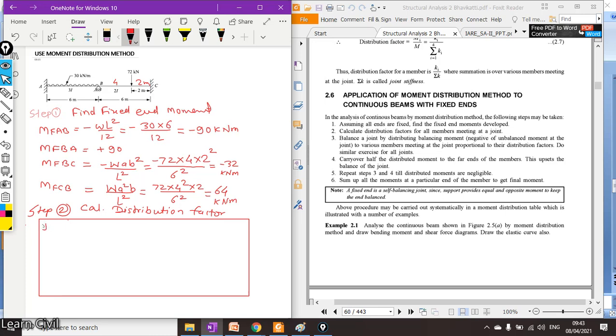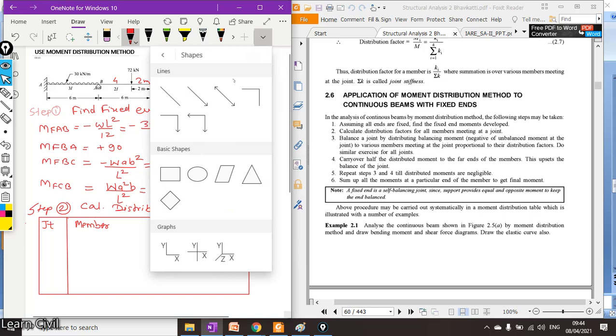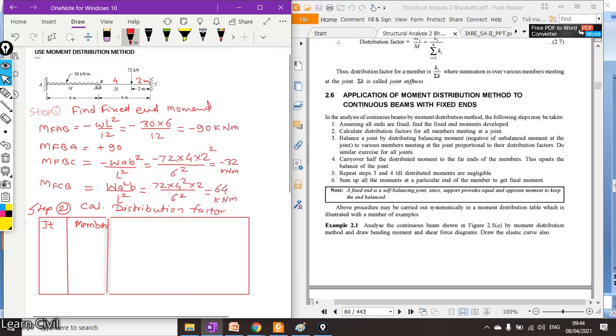The first column is joint, the second column is member, the third column is stiffness K, or Ki.